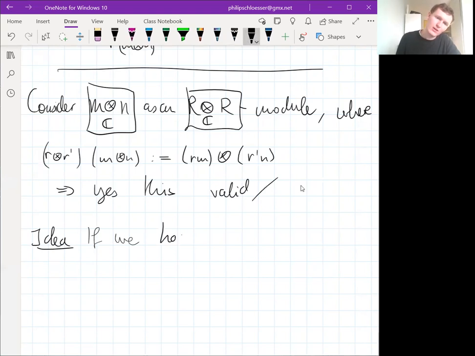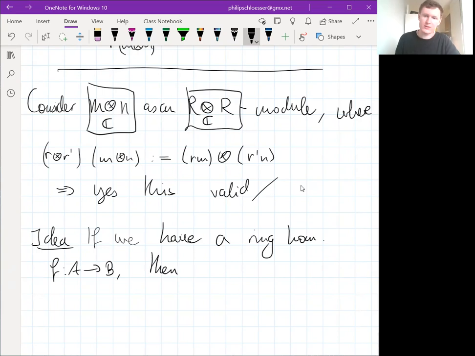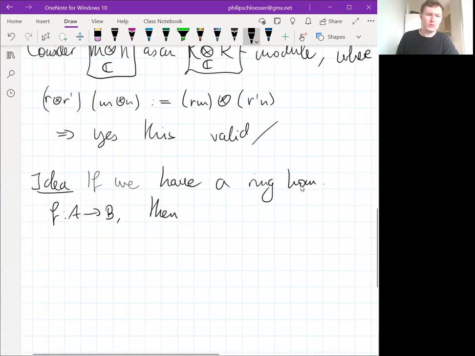And this is really a general thing. If we have a ring homomorphism from A to B, then we can pull back every module over B to also be a module of A.